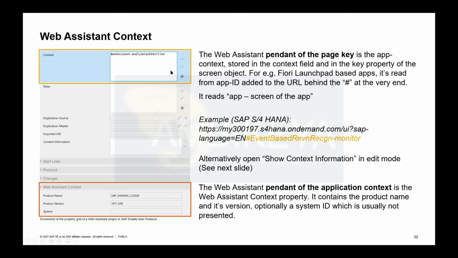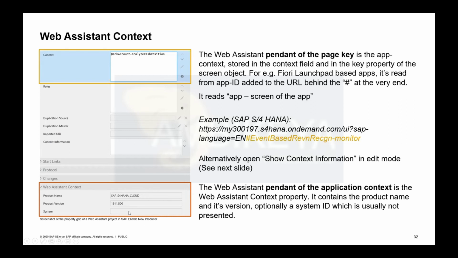So that's the page context basically, and the equivalent of an application context in a web application, as mentioned earlier, and this is what Web Assistant is for, is the product's name, its version, and optionally a system ID that I personally have never seen being used.